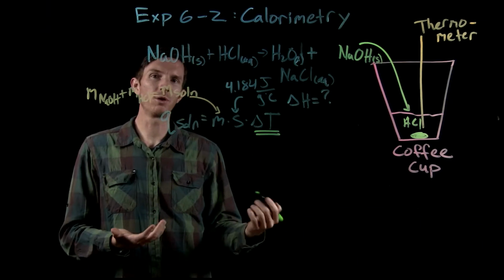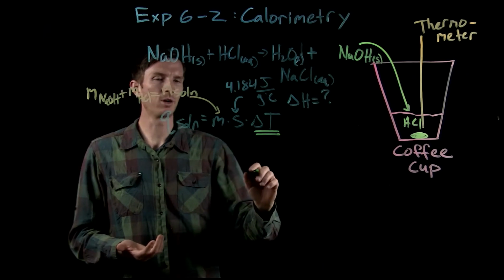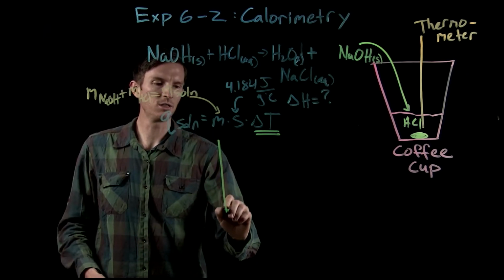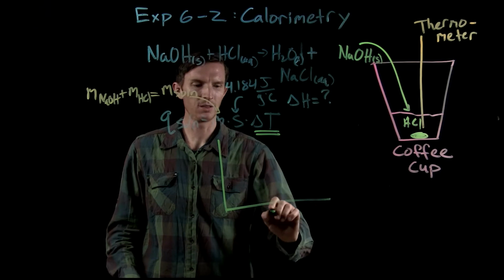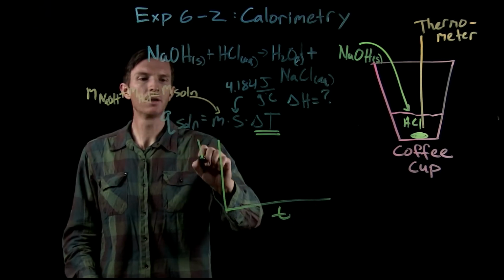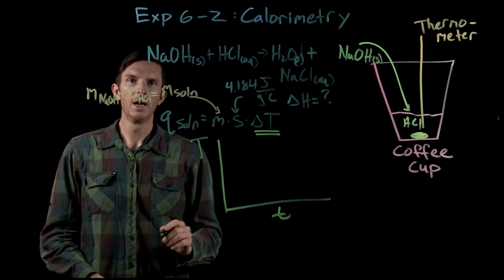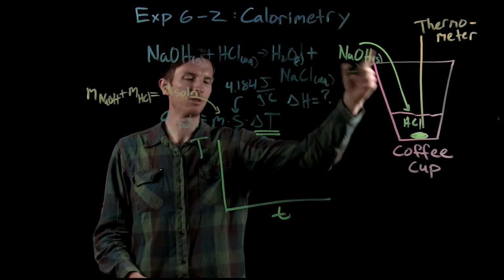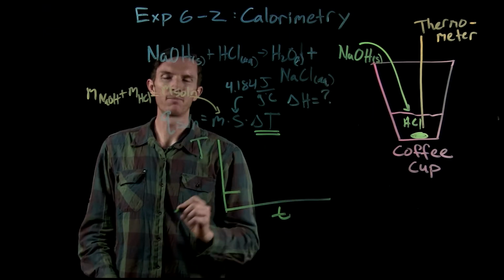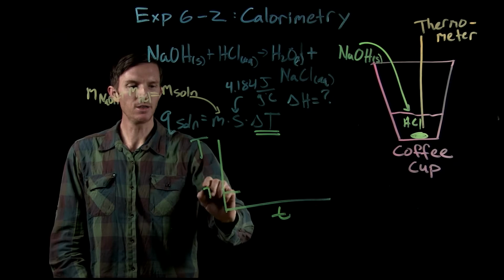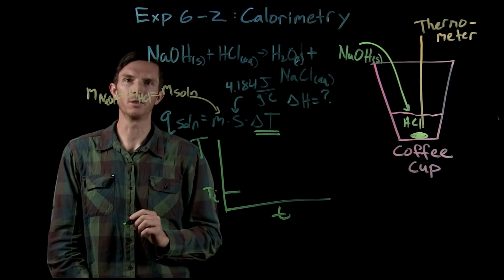And in order for us to do that, we're going to get a graph. Okay, and we're going to look at our change in temperature over time. So we'll have our time here, we'll have our temperature, and before we add in our sodium hydroxide, we'll get a baseline. So we'll have our initial temperature that we would measure.